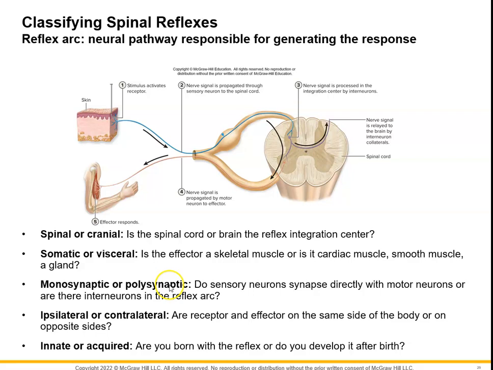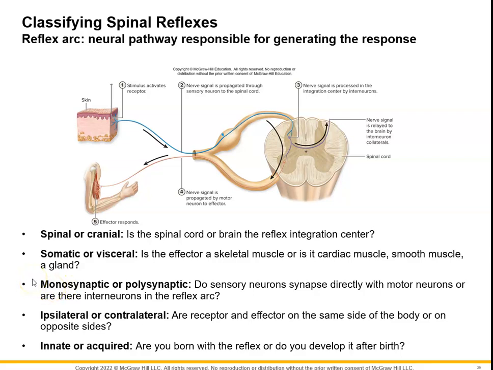Now, sometimes there are more. So look at this one. There's 1 neuron, 2 neurons, 3 neurons, but there's 1 synapse here, 2 synapses, another synapse there. So that is polysynaptic. Now, if you took the purple one out and your sensory neuron synapsed directly with your motor neuron, that would be monosynaptic, 1 synapse.